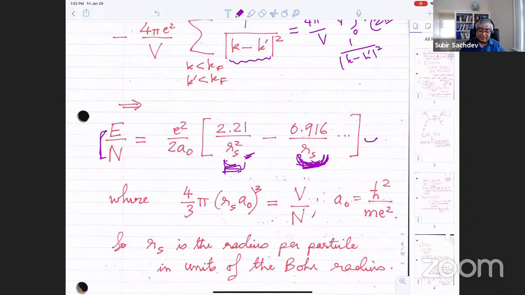Now, of course, this is not the full story. To get the full answer you have to do much better. You have to put in exchange correlation effects that density functional theory does using results from quantum Monte Carlo. Then you have to put in the effect of the potential of the ions, and that also density functional theory does.